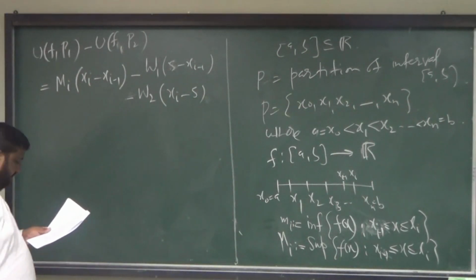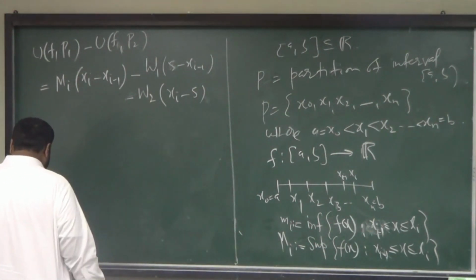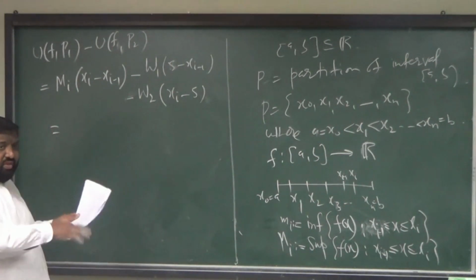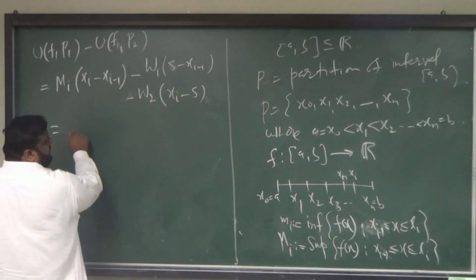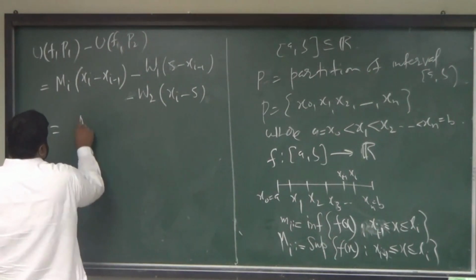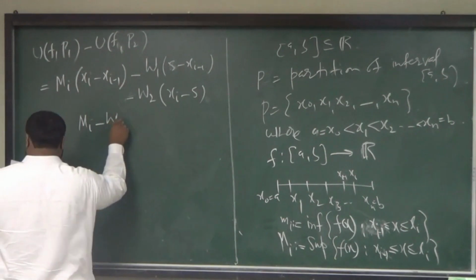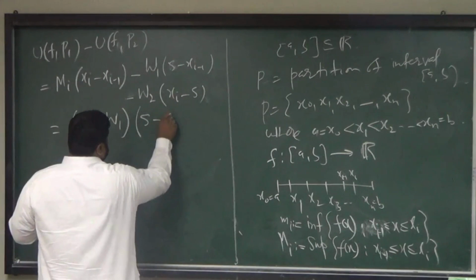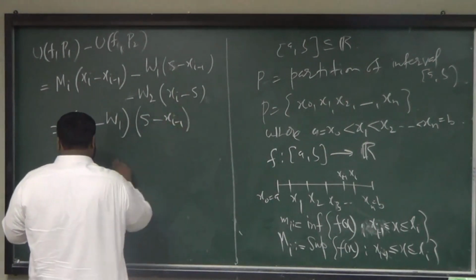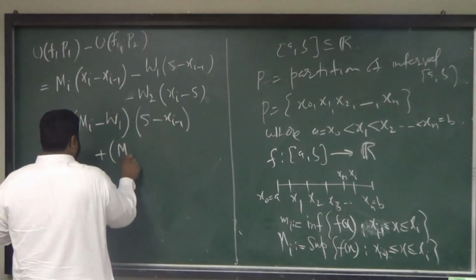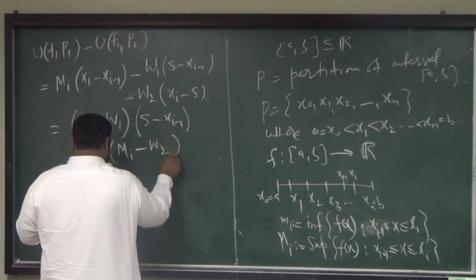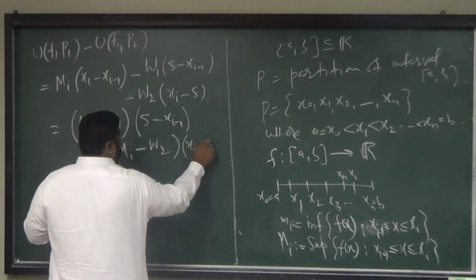My claim is that we can play around with this expression and it turns out to be similarly (M_i minus W1) times (s minus x_{i-1}) plus (M_i minus W2) times (x_i minus s).